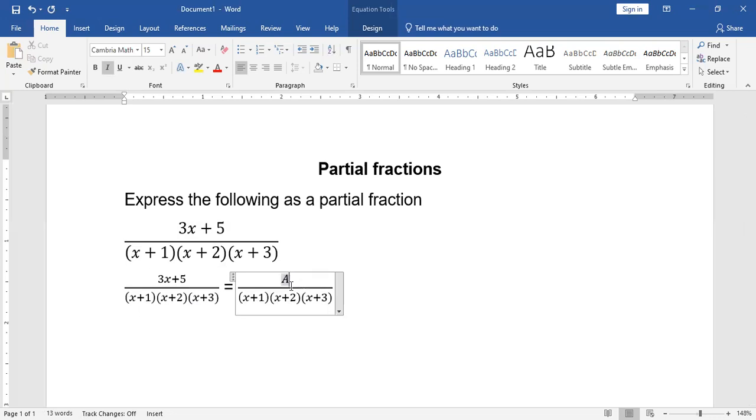All right. So we are going to say the first one will be A, plus the second one will be B with its denominator. So this will be the B part, and the denominator for B will be x plus 2. And then I have a C part.